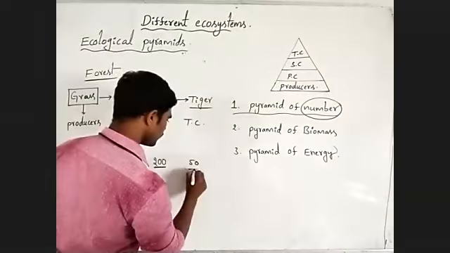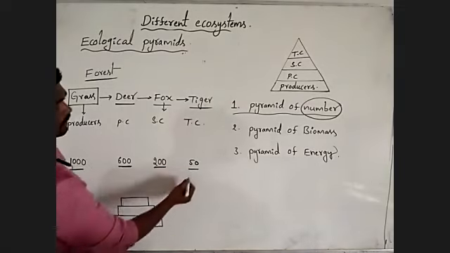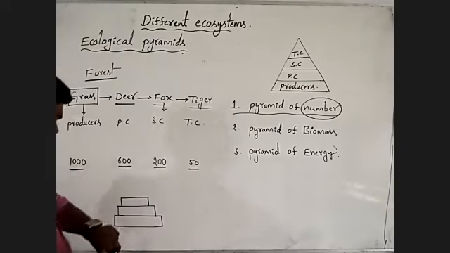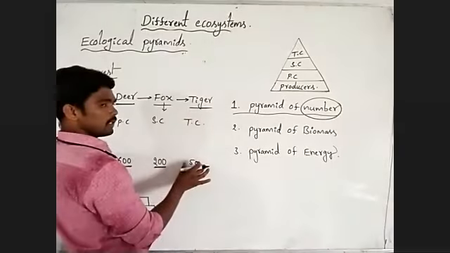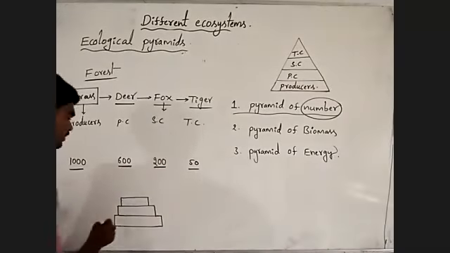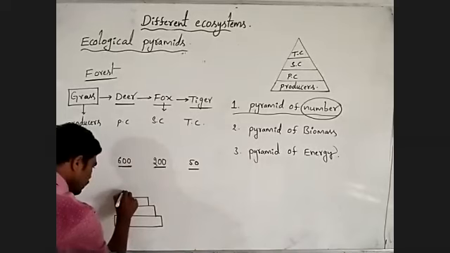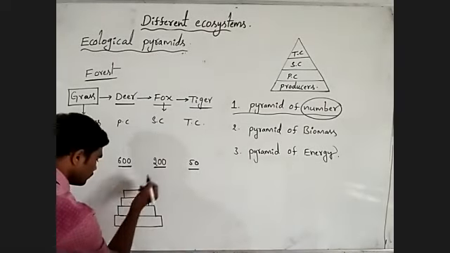Next, in the last trophic level, the tertiary consumer, the number of organisms is smaller than all the rest, so we draw an even smaller one, like this.